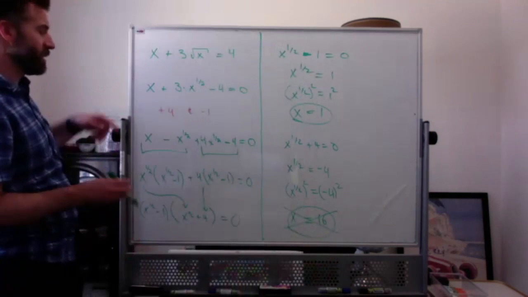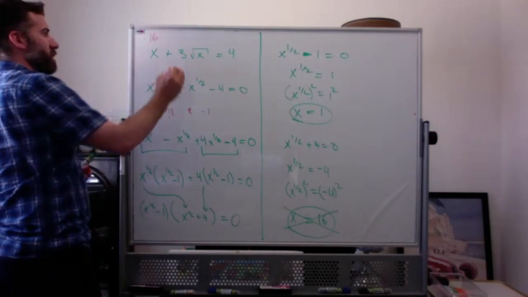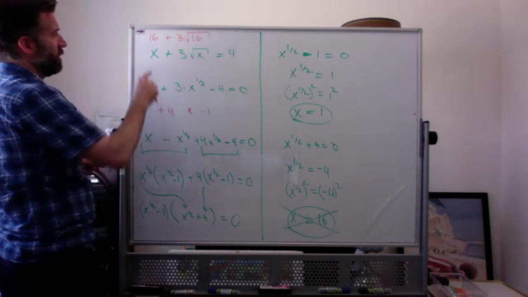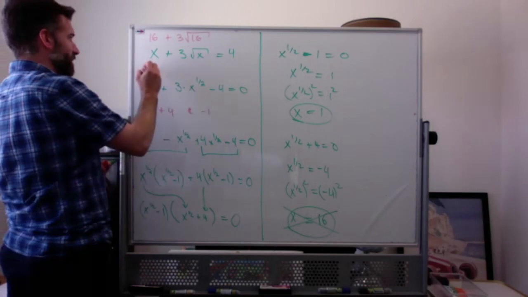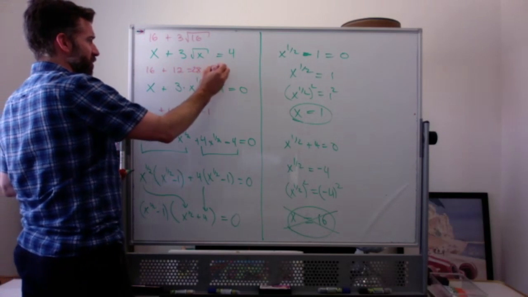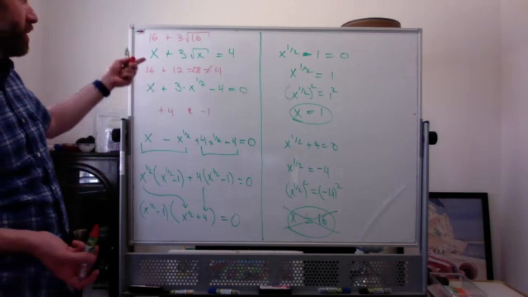Well, if I plug 16 back in, 16 plus 3 times the square root of 16 is 16 plus 3 times 4, which is 12, and 16 plus 12 equals 28, which is not 4. So that's an extraneous solution because it's not a solution to the original equation.